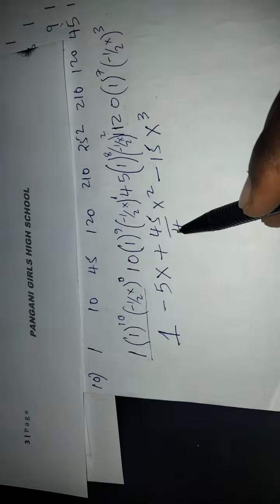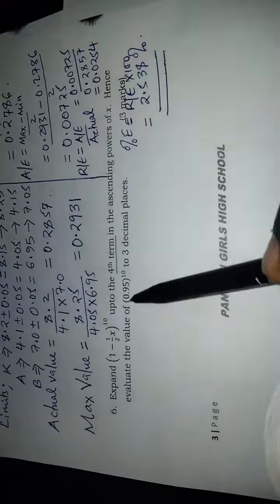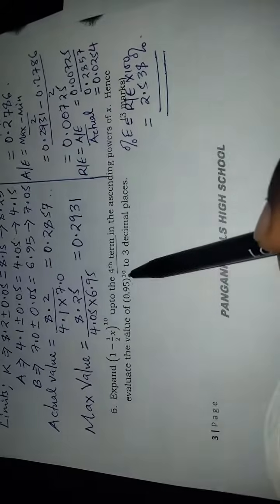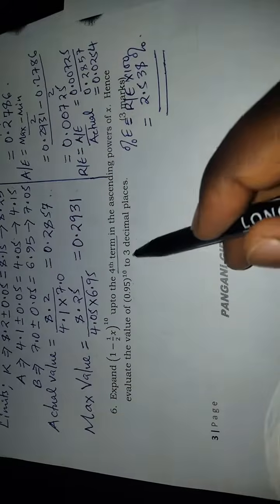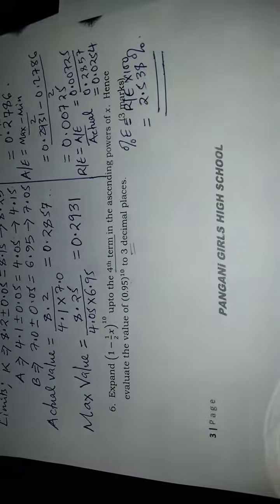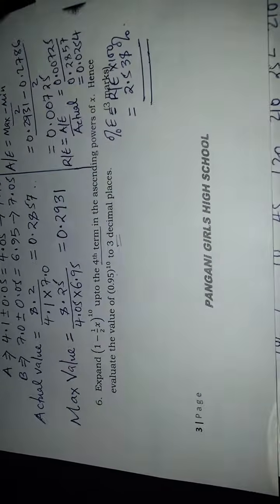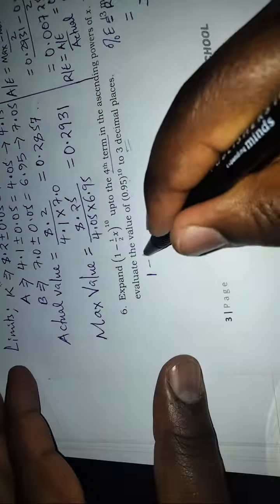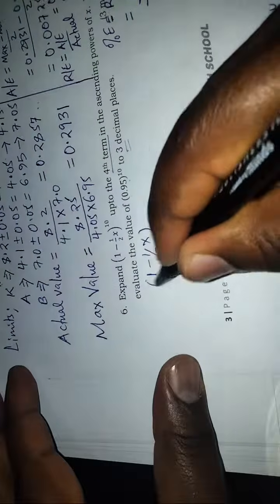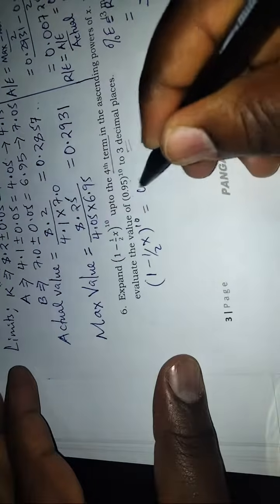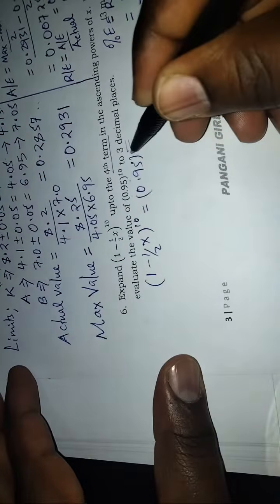Then now we had been told by the examiner to do what? To use it to evaluate the value of 0.95 raised to the power of 10 to 3 decimal places. For us to evaluate, we have to equate 1 minus half x raised to 10 with 0.95 also raised to 10.